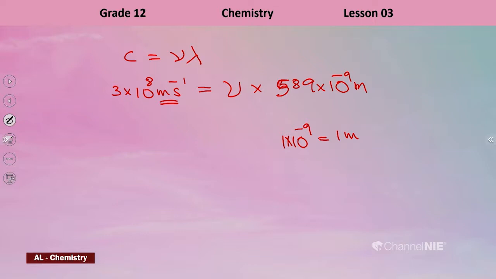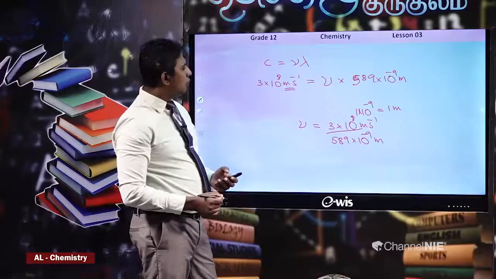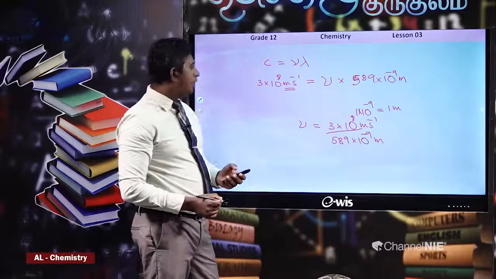Then nu is the frequency. Frequency could be found as 3 into 10 to the power 8 meters per second divided by 589 into 10 to the power minus 9 meters. Meters to meters would get cancelled off. So you could find the answer.